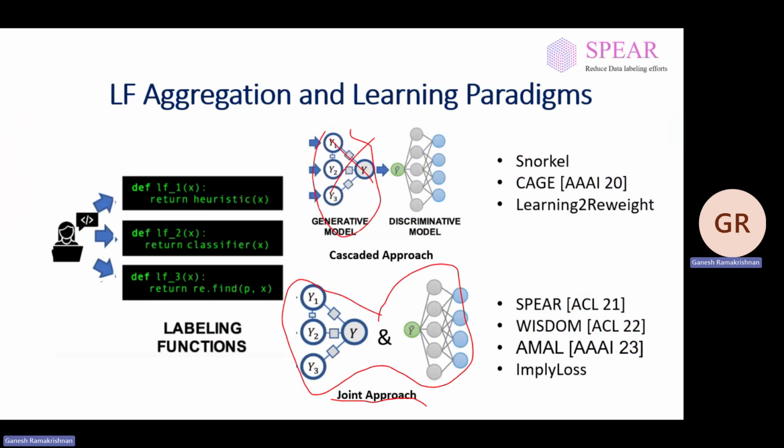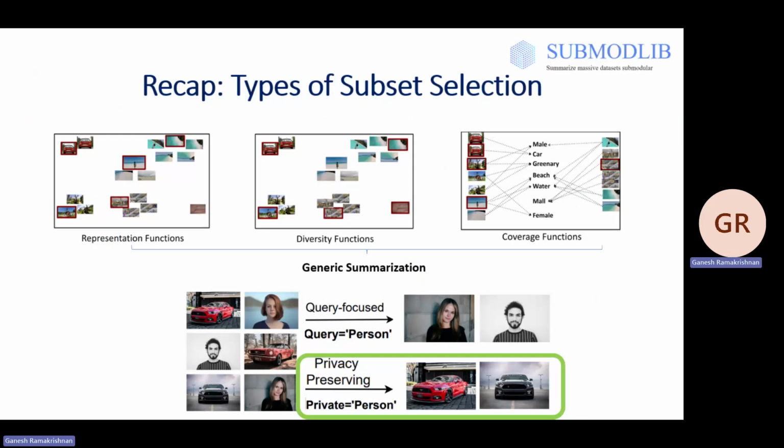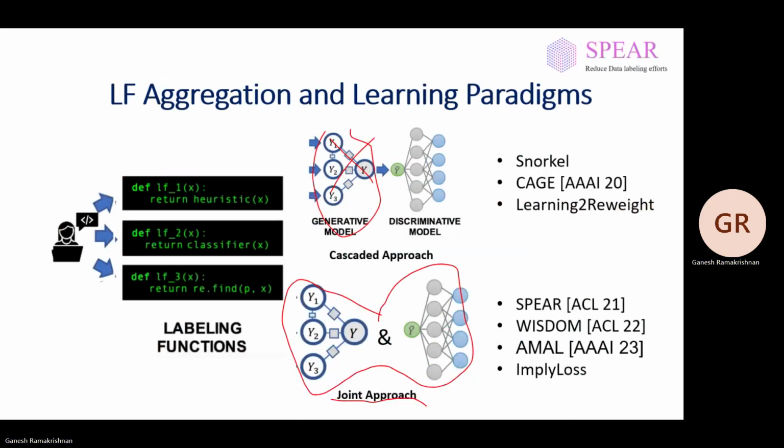Now, there are very interesting optimization problems here. Can you tell me what is the connection between query preserving, privacy preserving, query focused subset selection? How can that be used here? Any thought? So I have written some programs. There's a deep model.